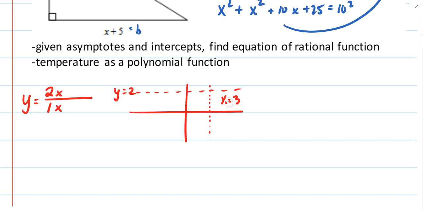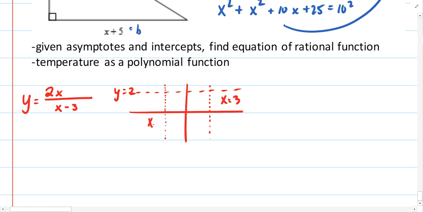Additionally, we might have a vertical asymptote at x = 3, so after it's been factored, we must have a 0 in the denominator, such as x − 3, and that's what would create our vertical asymptote. Now, of course, the question becomes a little bit more complicated if we tell you that there's more than one vertical asymptote.